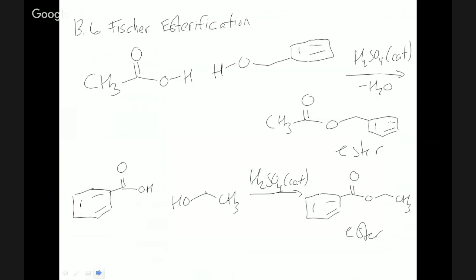Before we show the mechanism, let's do a couple intramolecular. That means the alcohol and the acid are on the same molecule instead of separate molecules. Again, 5- and 6-membered rings are favored.